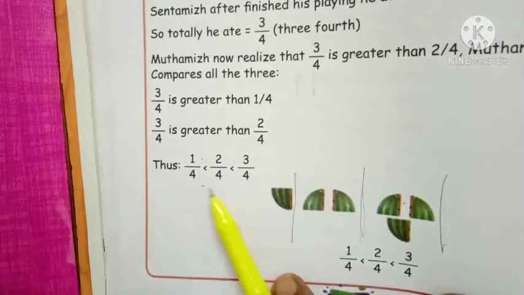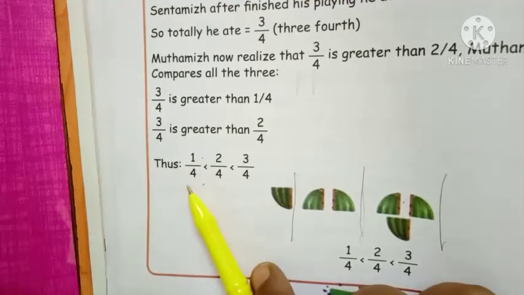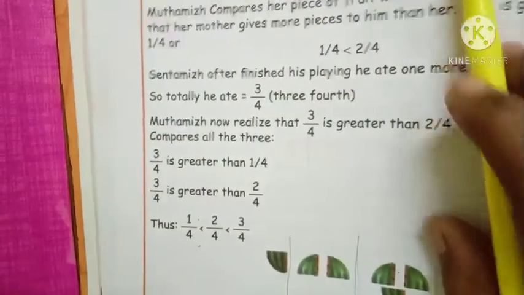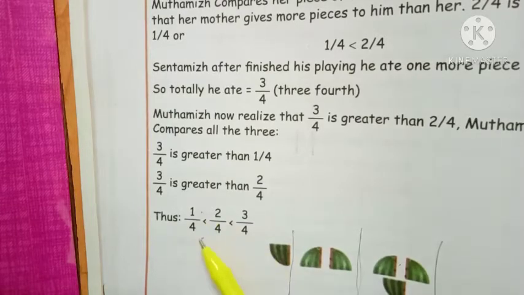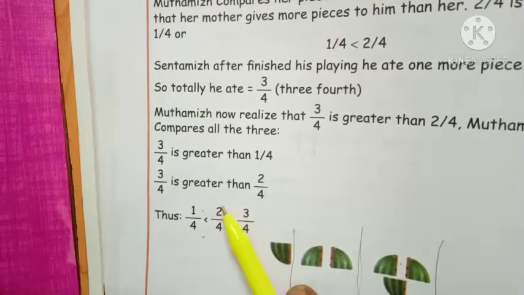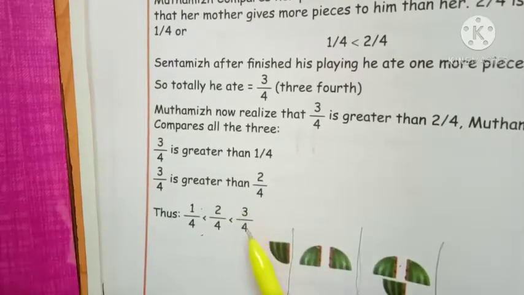Here write the fraction. The first one is only one piece, so 1 by 4. There are 4 pieces here, but you take only one piece, so 1 divided by 4. Then again take 2 pieces, so 2 divided by 4. Again take 3 pieces, 3 divided by 4.